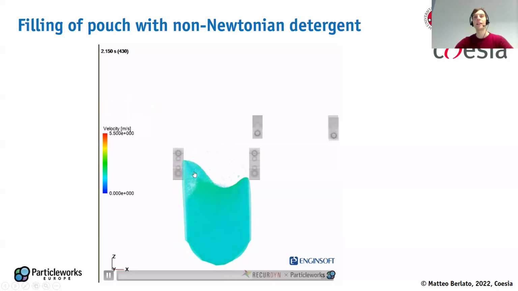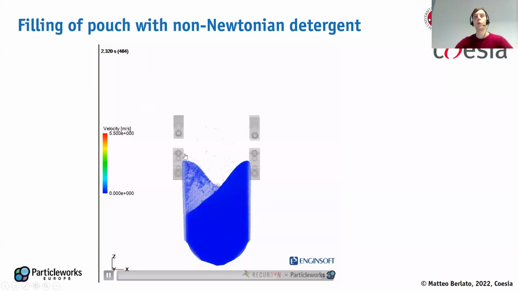And those residues are actually of interest because when dealing with this kind of system, we need to ensure that the closing and the sealing area is not contaminated by the detergent. So that was actually one of the outputs that was looked at thanks to the simulation.